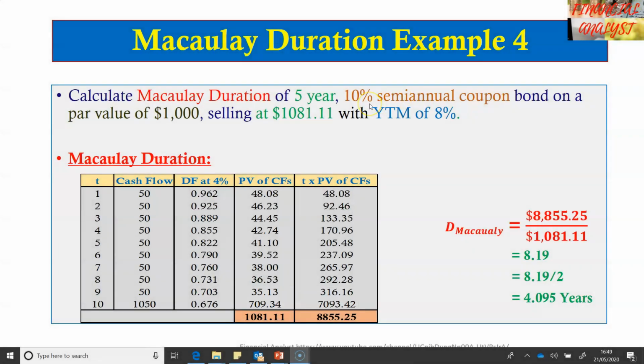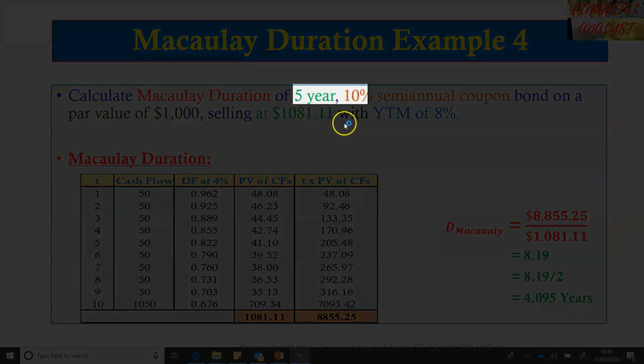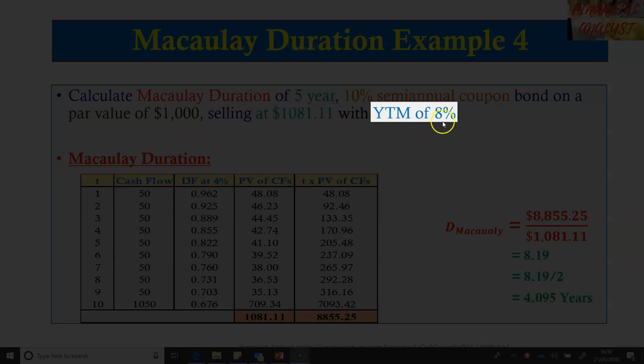Now we learn how to calculate the Macaulay duration for a bond that pays semi-annual coupon. So here in example 4, we have a 5-year 10% semi-annual coupon bond that has a par value of $1,000 and is selling at a price of $1,081.11 with a YTM of 8%.